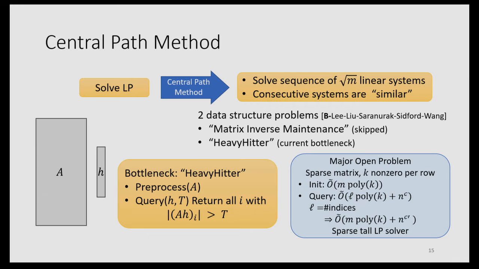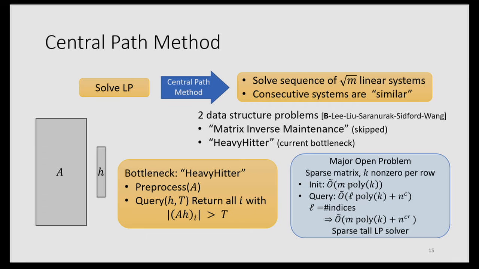And matrix vector product often has some kind of graph structure, right? Like a matrix vector product, that's a bit like, let's say, one step of random walk, for example. So there's often some graph perspective of what a matrix vector product is. So maybe you can actually use graph techniques to solve this heavy hitter problem. So open problem, we don't know if that's true.